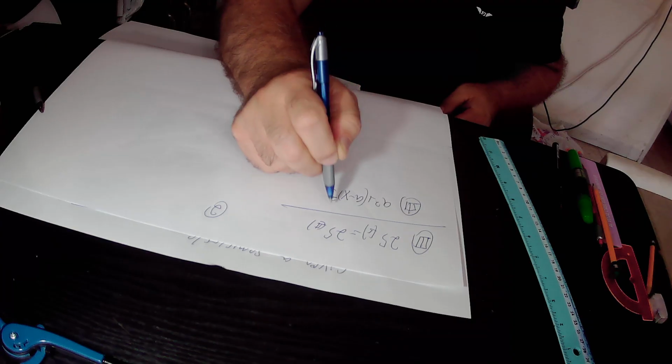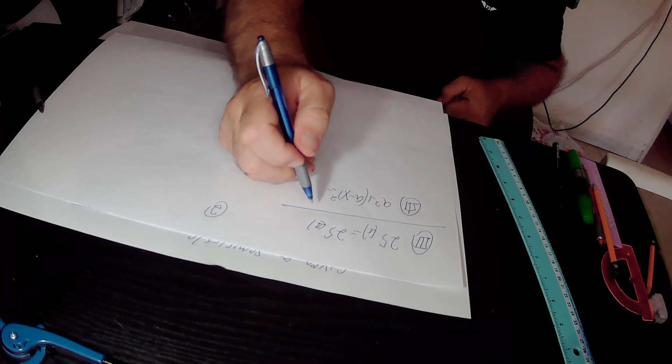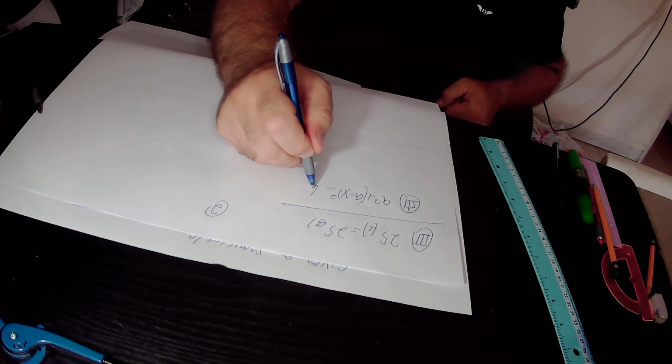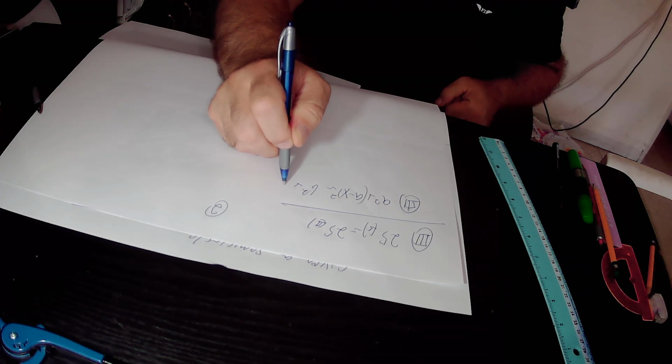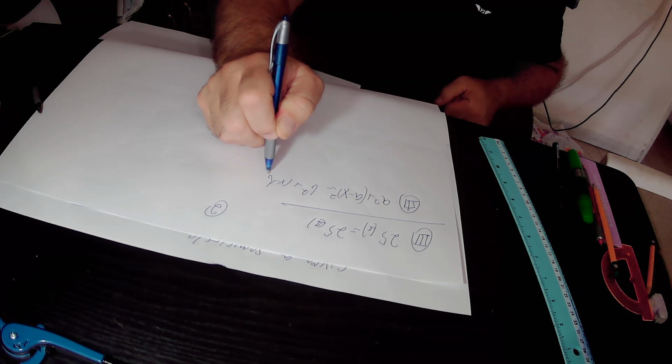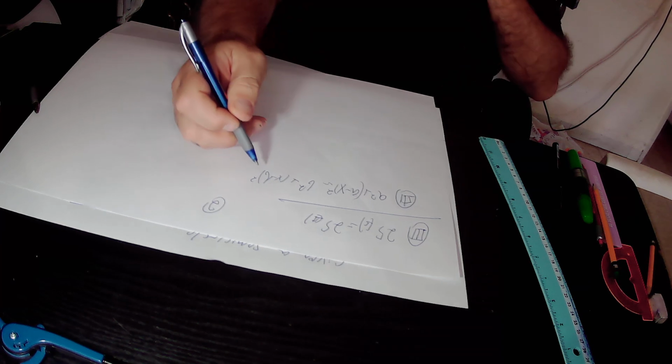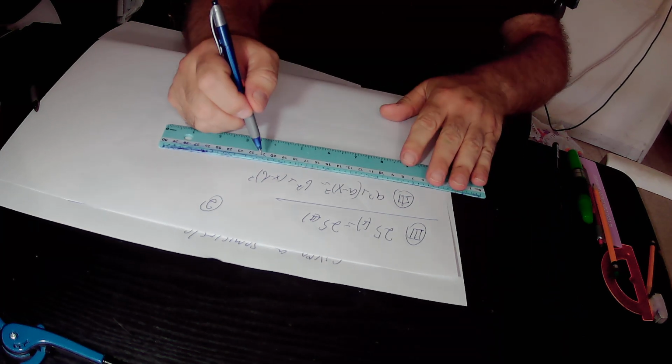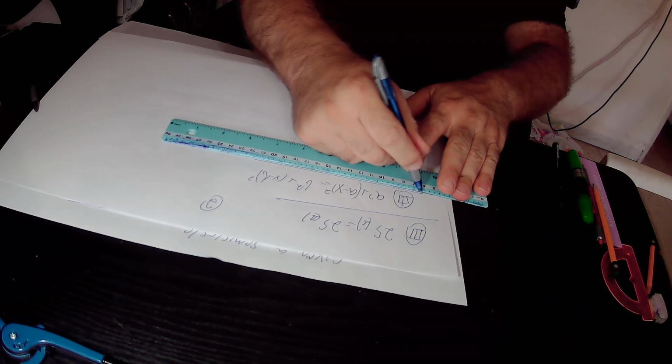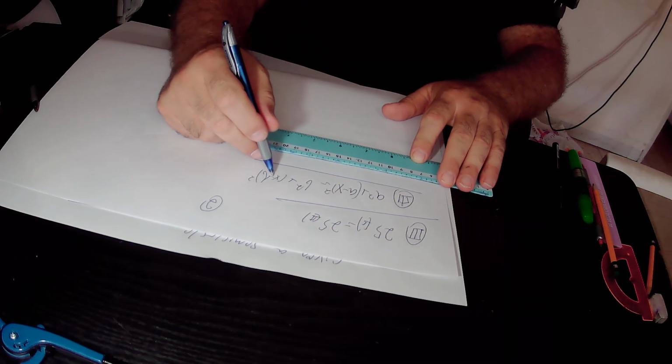And it must be equal to 25 according to equation 2, which equals B squared plus (X plus B) squared. So in total, according to equation 3, we have found out that A squared plus (A minus X) squared equals B squared plus (X plus B) squared.